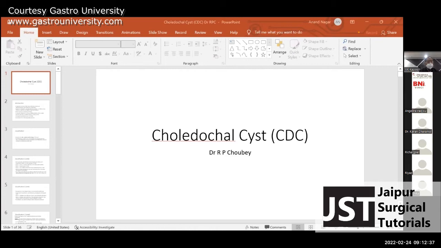Type 2 is a supraduodenal diverticulum of either the CHD or CBD. Type 3 is a diverticulum of the intraduodenal CBD, referred to as choledochocele as well.